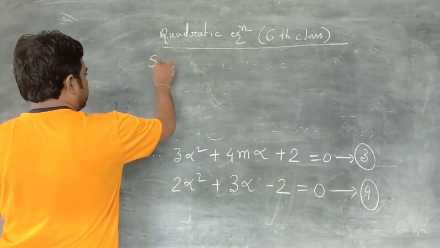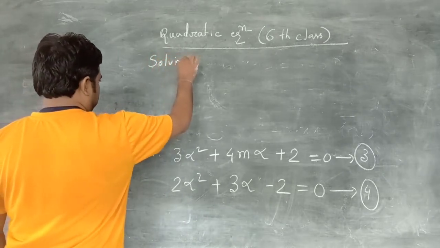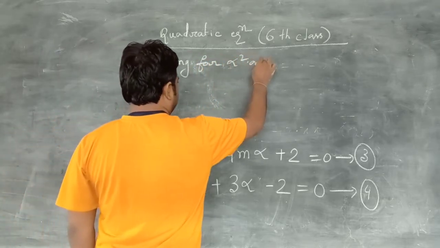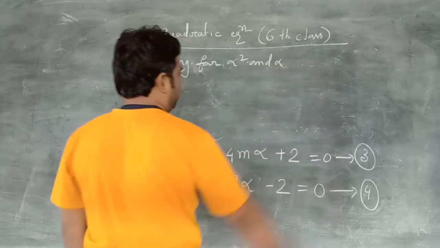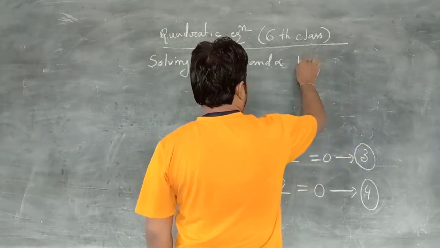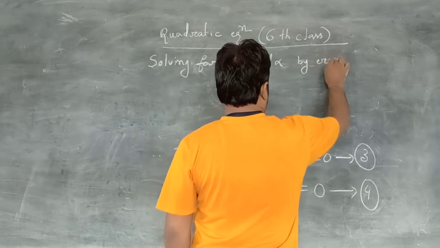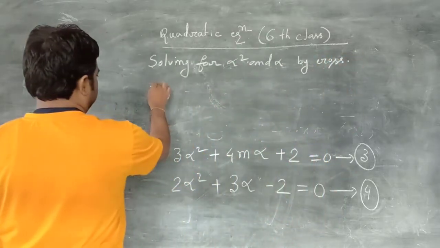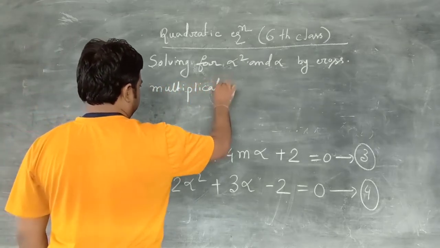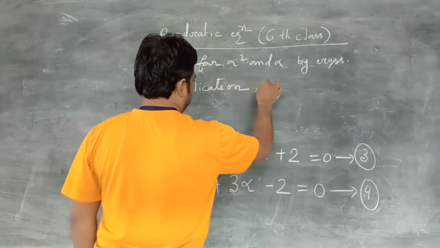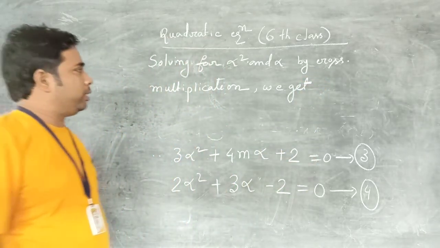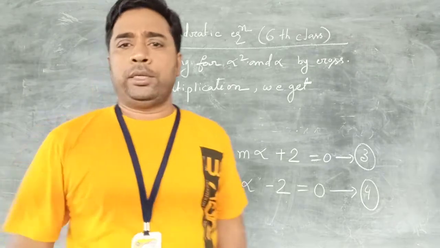Solving for alpha square and alpha by cross multiplication, we get: so what is the rule?